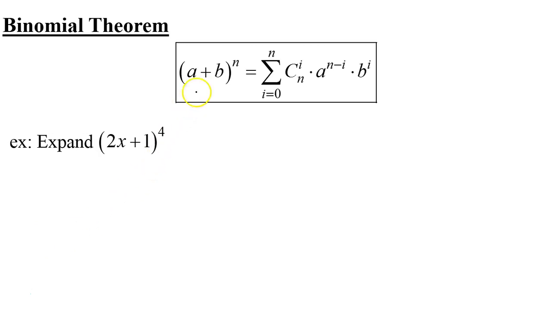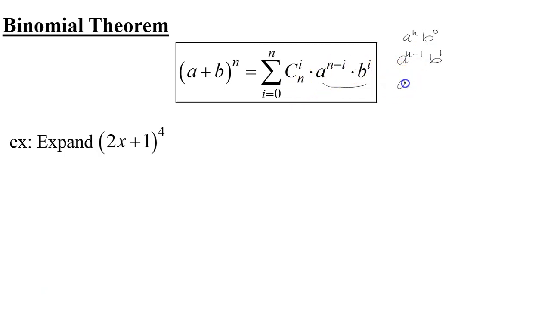The binomial theorem is also used to expand factors in the form (a + b) to the n. You'd notice in the binomial expansion, the factors corresponding to a and b would in fact follow the same pattern we've been using. For example, for i equals 0, that would be a to the n, b to the 0. Then for i equals 1, that would be a to the n minus 1, b to the 1.